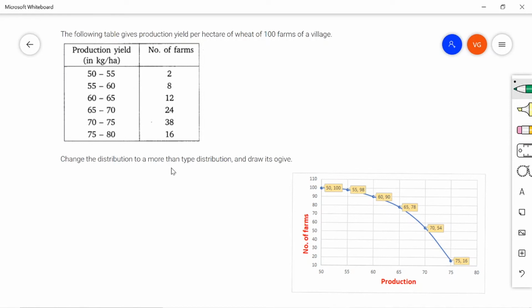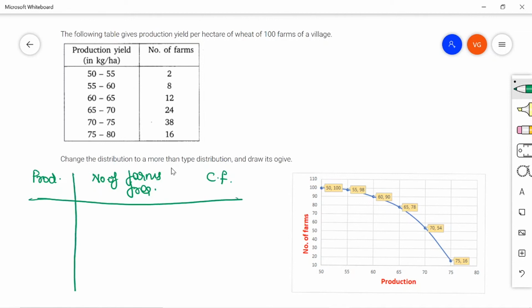So more than type distribution means here I'll write down the table, production and number of farms, that is nothing but your frequency here, and then we'll write the cumulative frequency also. So as they are asking you to write down the more than type ogive, here take it down like greater than. So it will be like greater than, here you have 50 to 55.